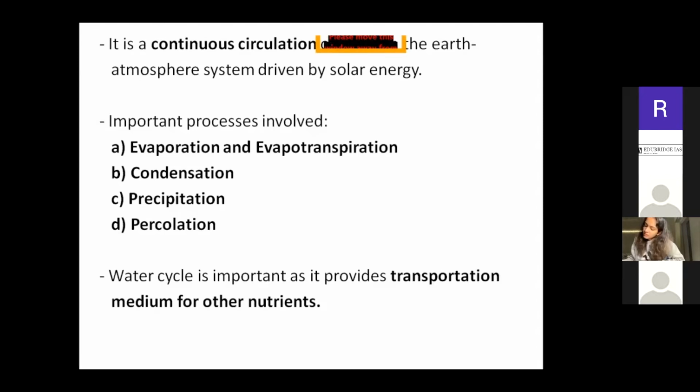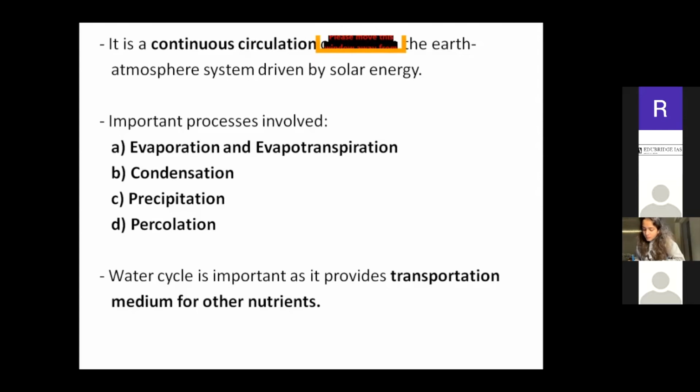Then precipitation, the condensed form of water comes down again on the surface of earth as rainfall or snowfall. And finally, the excessive amount of precipitation is percolated in the ground as groundwater. Fine.